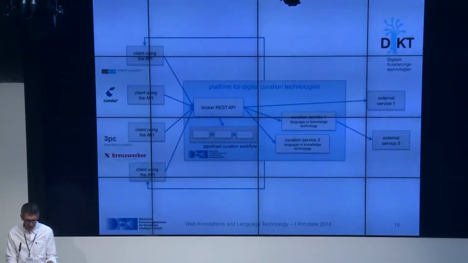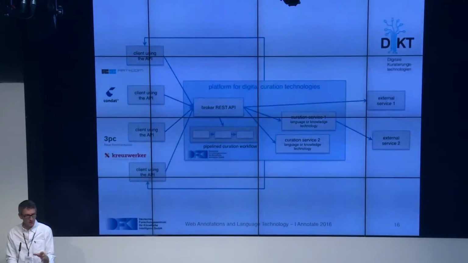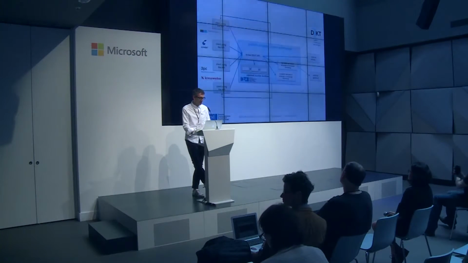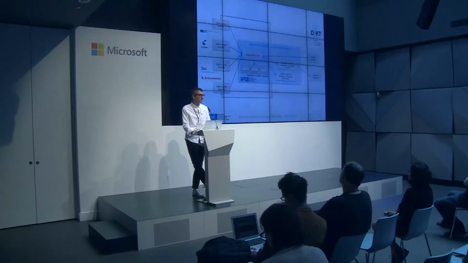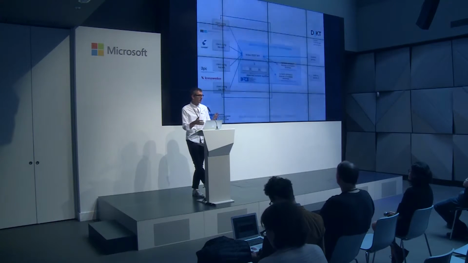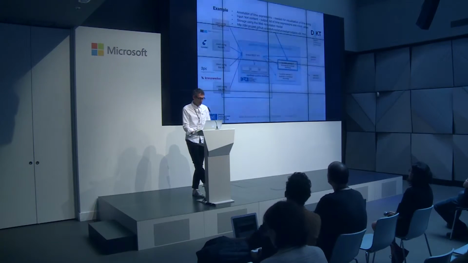And in this platform, we have a fairly nifty way of putting together curation workflows by pipelining different e-services through a format that we call NIF, Natural Language Interchange Format. And this is a fairly typical RESTful API-based scenario.